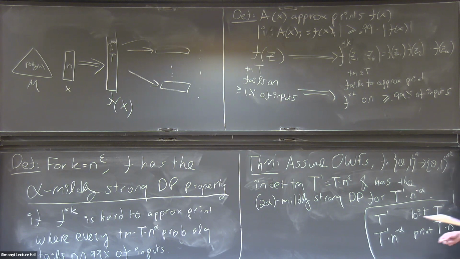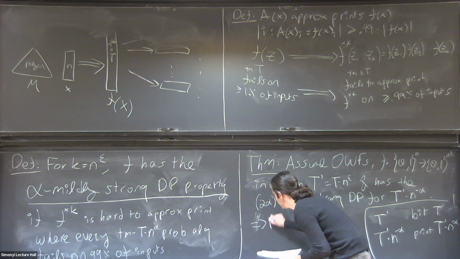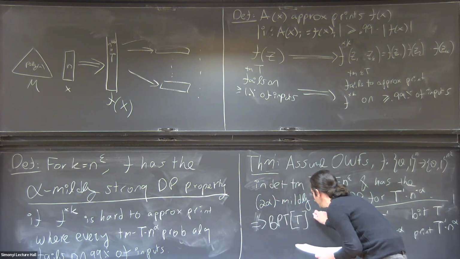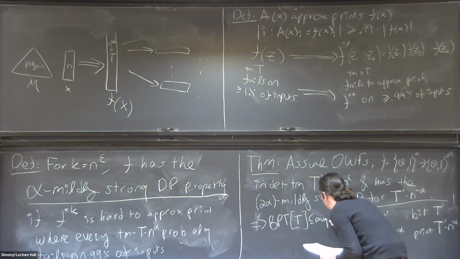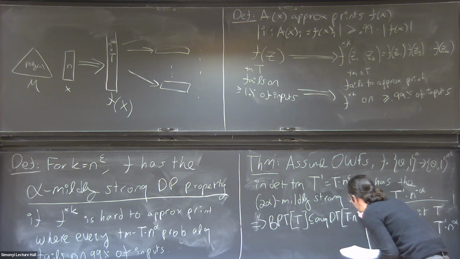All right. So the hypothesis is that probabilistic time t is contained on average in deterministic time t times n to the epsilon.